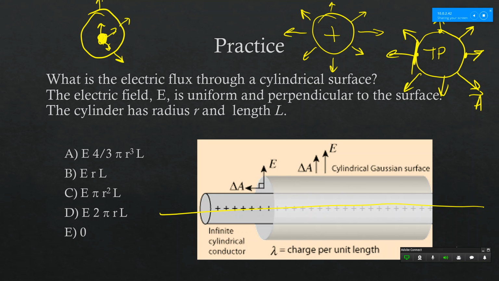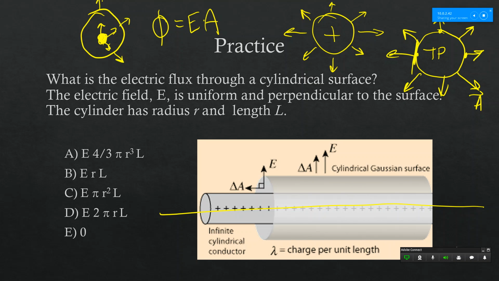So if I put this toilet paper roll over the wire, the flux is always going to simply be equal to E times A. That's just regular multiplication, not a dot product, because the cosine at any point is always going to be zero.